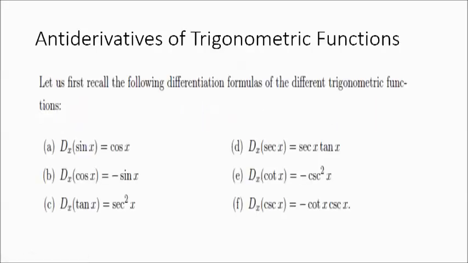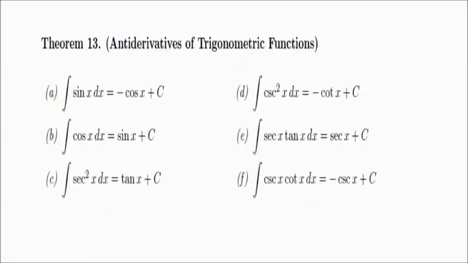Okay, next. So we have trigo functions. Again, recap the derivatives of different trigo functions. Again, these are all formulas. Okay? Now these are the antiderivatives, class. So, just so you have a comparison.